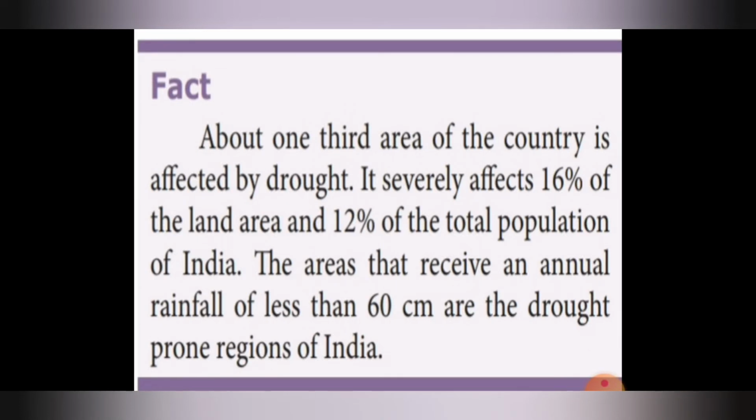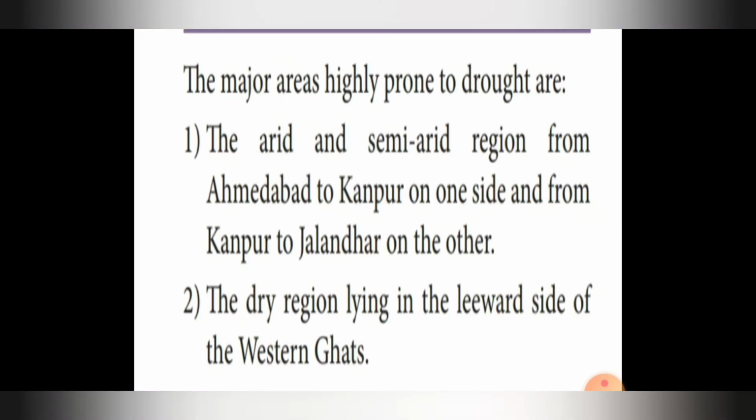Fact: about 1/3 of the area of the country is affected by drought. It severely affects 16% of the land area and 12% of the total population of India. The areas that receive an annual rainfall of less than 60 centimeters are the drought prone regions of India.